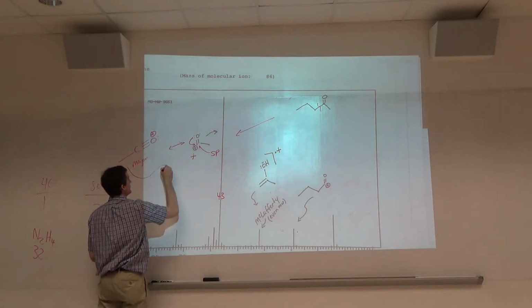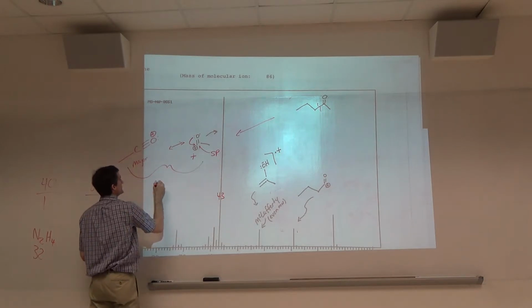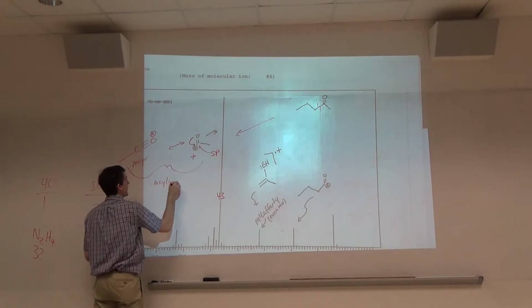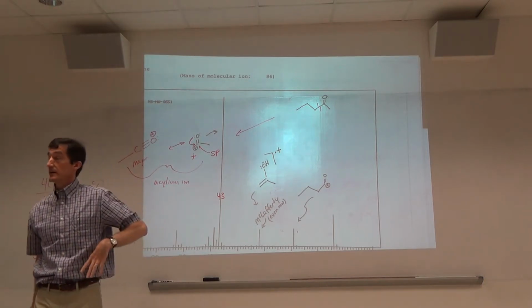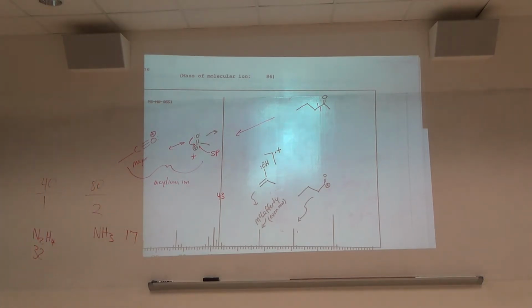This is called the acylium ion. When you have the positive that looks like it's on the carbonyl, the major resonance structure is over there though. Acylium ions are formed in mass spec very commonly because it's resonance stabilized. We'll also see acylium ions in organic two when we do a certain reaction.